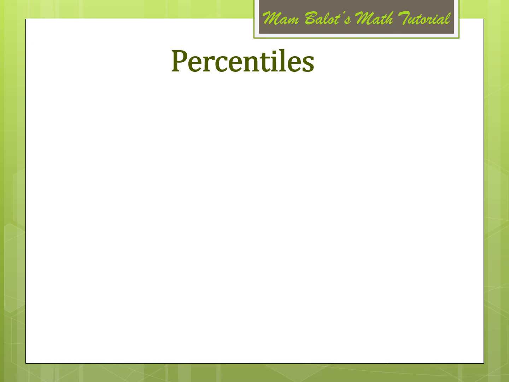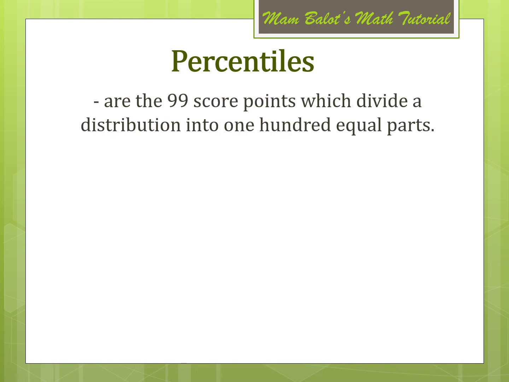Now let's have the percentiles. If the quartiles divide the distribution into 4 equal parts and the deciles into 10 equal parts, the percentiles divide the distribution into 100 equal parts. So the percentiles are the 99 score points which divide a distribution into 100 equal parts.